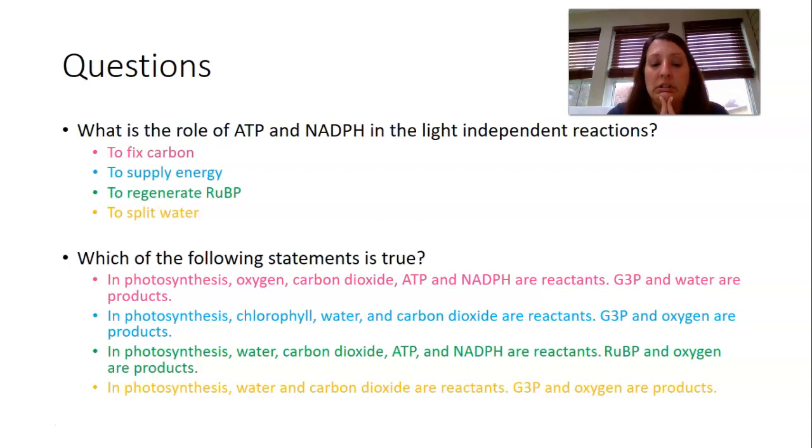G3P and oxygen are products. Green: in photosynthesis, water, carbon dioxide, ATP, and NADPH are reactants. RuBP and oxygen are products. Or yellow: in photosynthesis, water and carbon dioxide are reactants. G3P and oxygen are products.